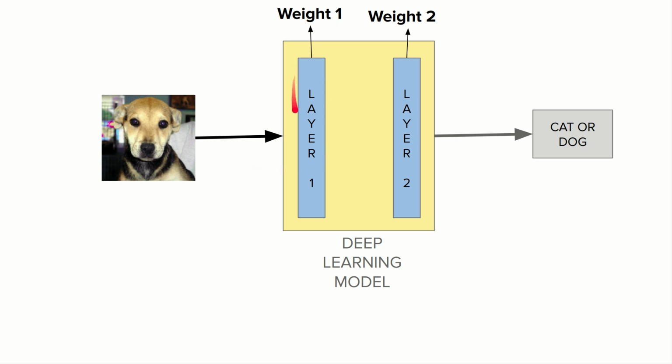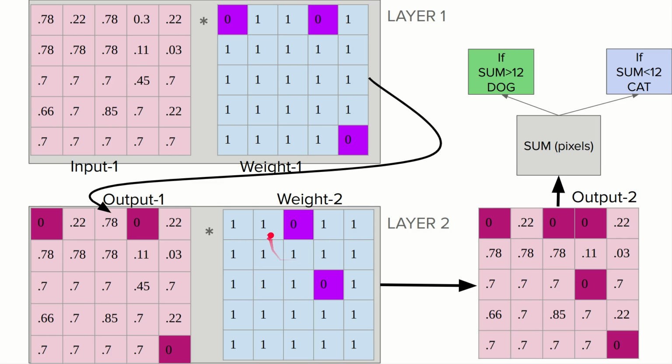First some computation happens in layer 1, then some computation happens in layer 2, and we get the final result as cat or dog. So this set of two layers is our simple deep learning model. This is a very basic explanation of what a deep learning model is, so you can get some basic intuition. It is nothing else but the weight 1 matrix and weight 2 matrix with the set of operations that these two matrices are doing.